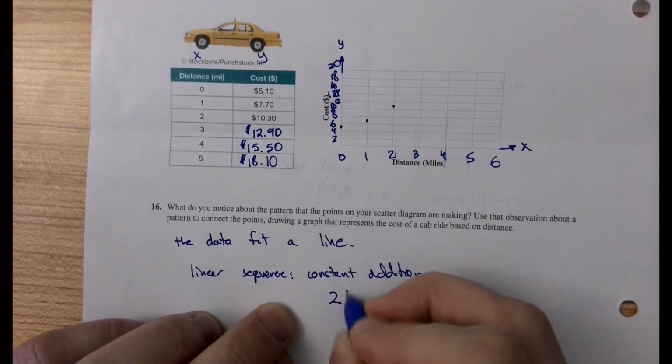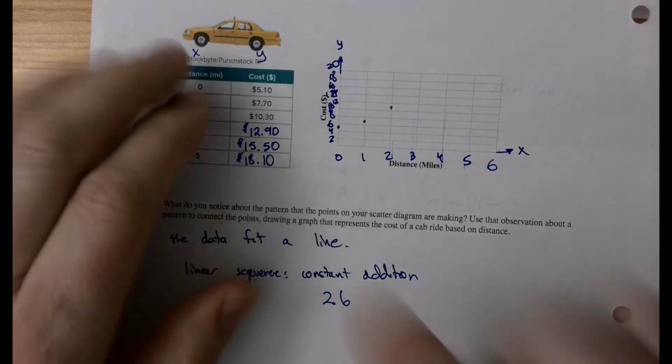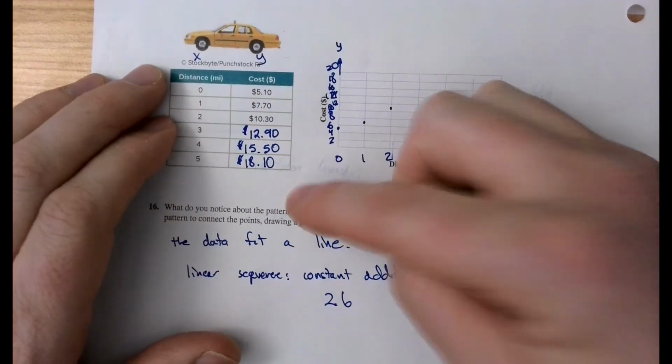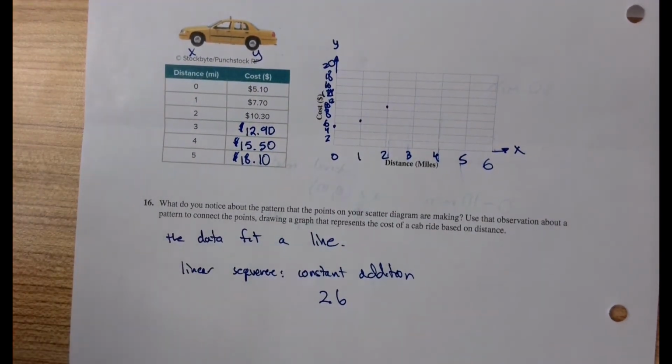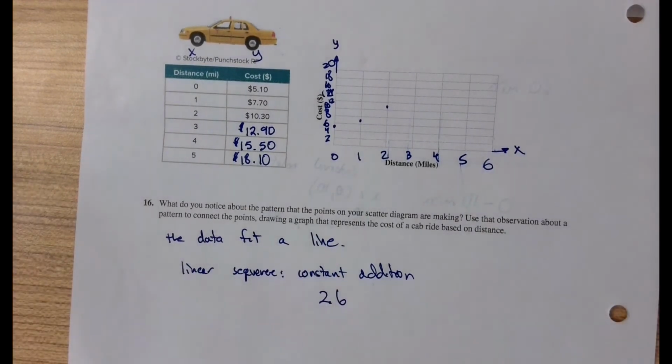In this case, that was that 2.60. So we started at 5.10 and we're adding the exact same amount each time. So we knew that this sequence of numbers represents a line, a perfect line. And now we have a visual of that line of data.